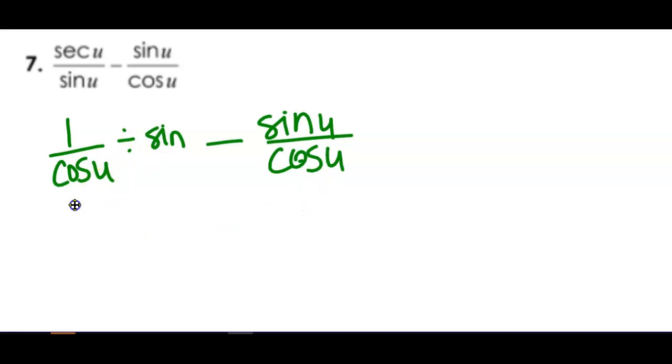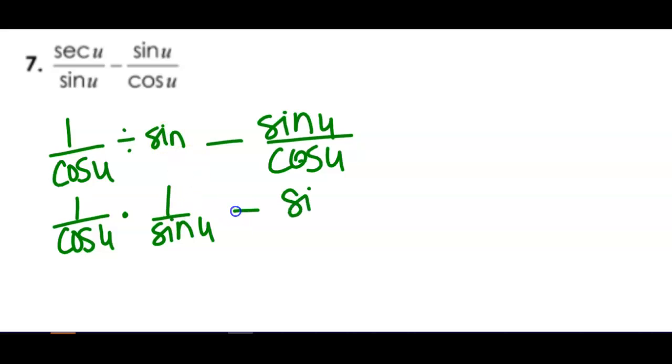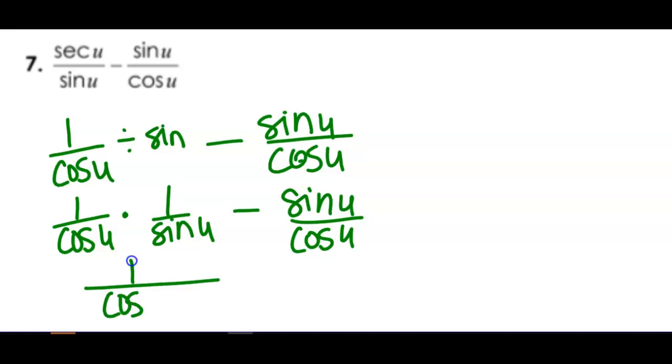If we rewrite this, this is 1 over cosine times 1 over sine. Divided means multiply by the reciprocal. Minus sine over cosine. If we multiply these together, we get a 1 over cosine sine. Nothing nice. Minus sine over cosine.